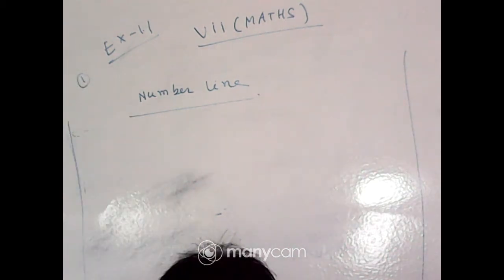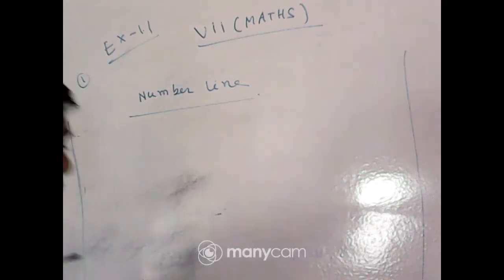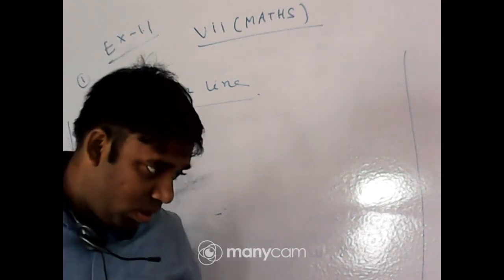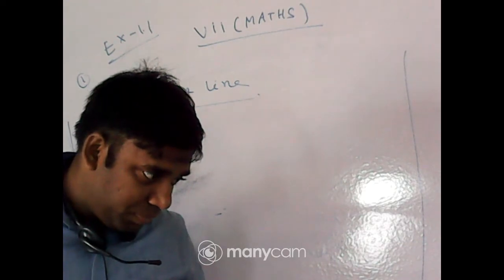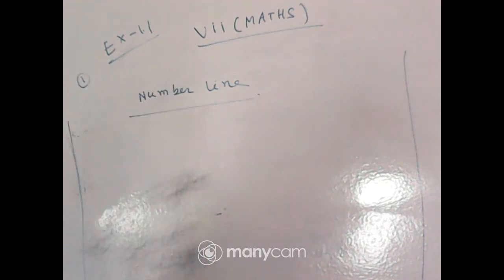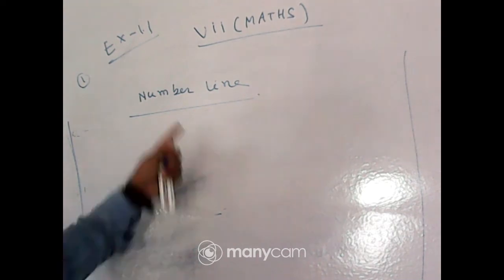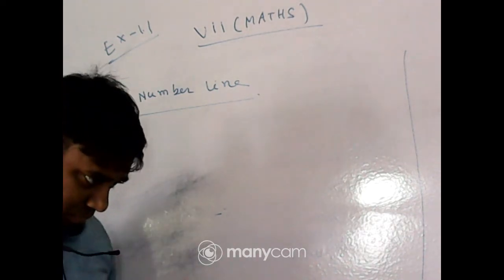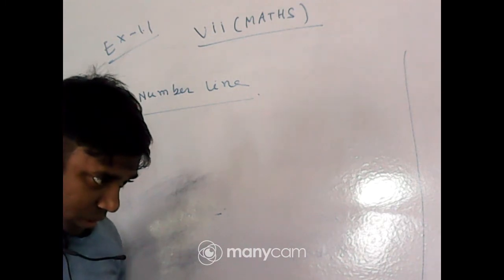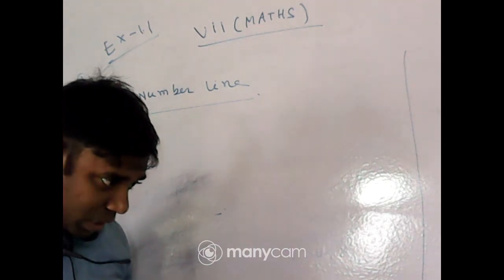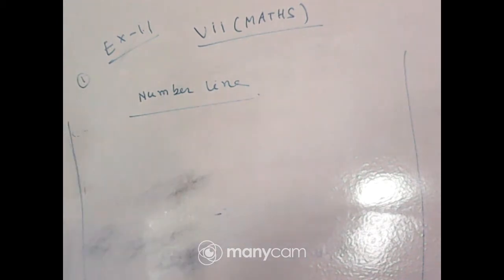So tell me what is number line, in very short, tell me. Number line in mathematics. Okay, good morning. Try to answer. You are taking so much time, so I am just repeating what is number line.